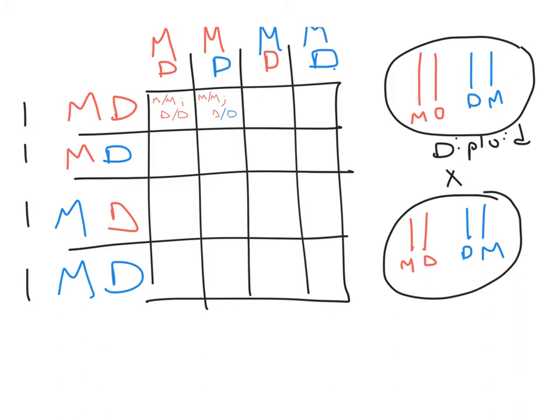So let's throw in some dominance though. Let's say that on the red chromosome, mom's allele is dominant, so I'm going to use that black apostrophe on mom's allele to demonstrate that it's dominant. And let's say on the blue chromosome, dad's allele is dominant.